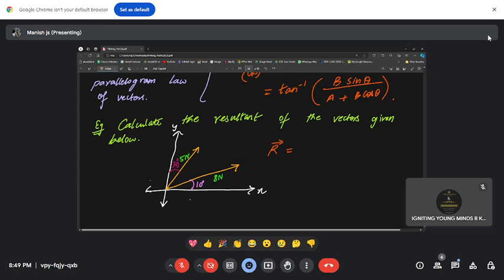How do you do it? How to find out vector r? For that, first you should find out the angle between those two vectors. We don't have the angle between them, but you can find it out. Anybody? What is the angle between the vectors 5 newtons and 8 newtons? From the figure, can you calculate?